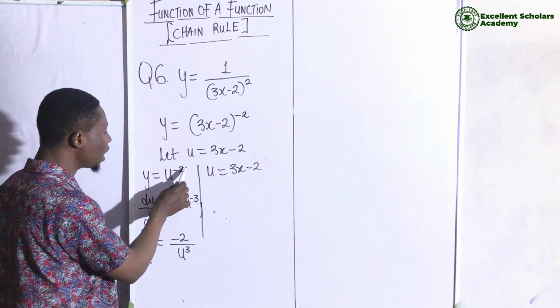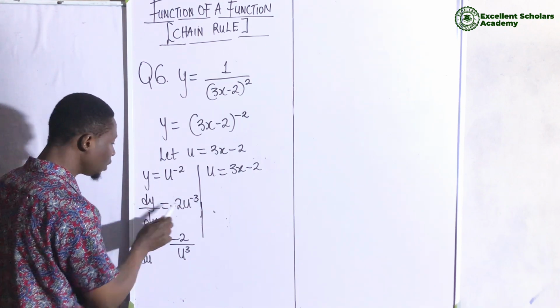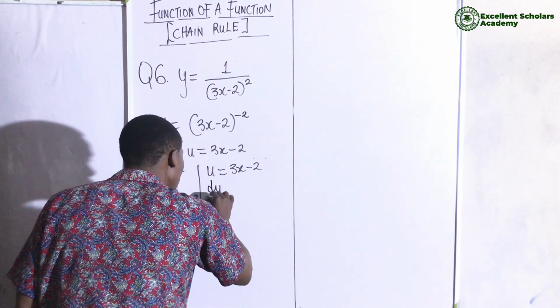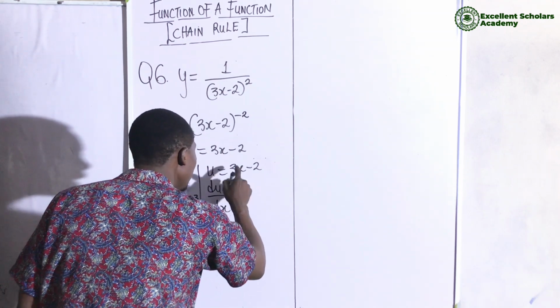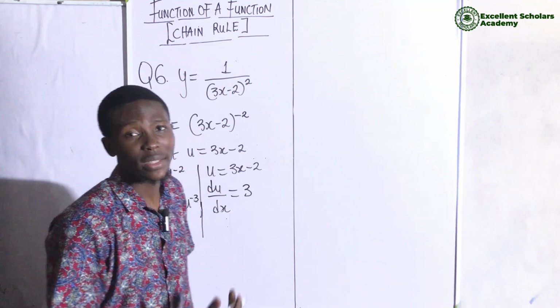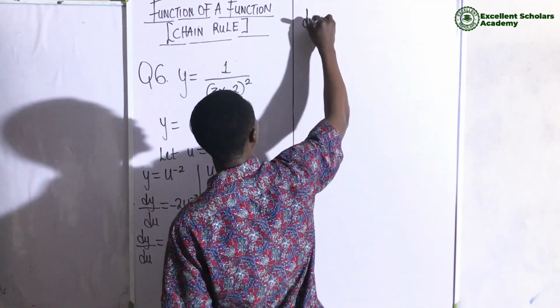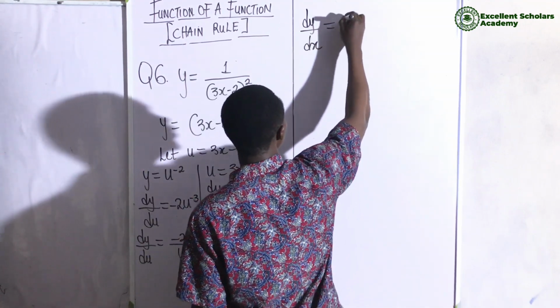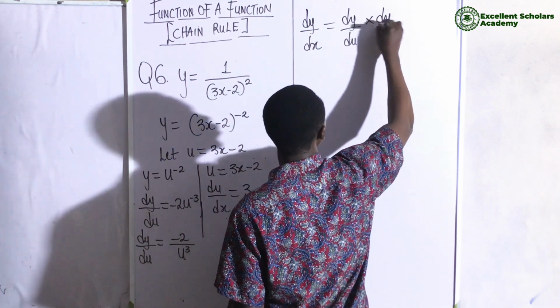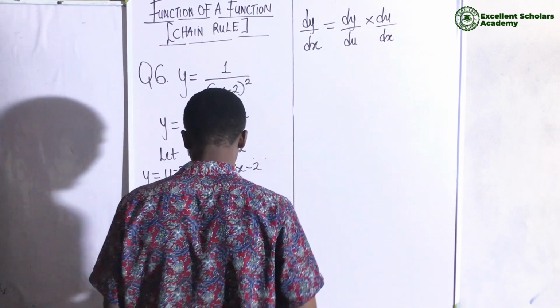Now differentiate this part, that's du/dx. Differentiate 3x, you get 3. Differentiate minus 2, you get 0. Okay? So now, finally, it's going to be dy/du times du/dx.